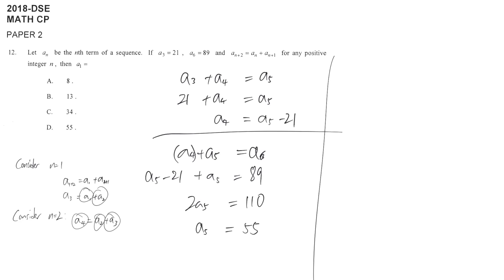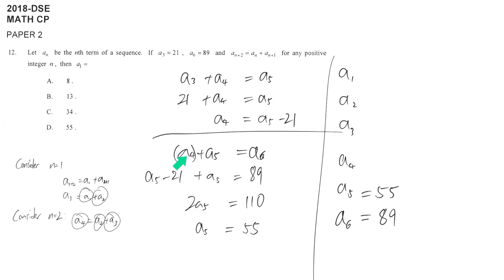So it's time for us to write down a list: a1, a2, a3, a4, a5, a6. This is 89. This is 55.